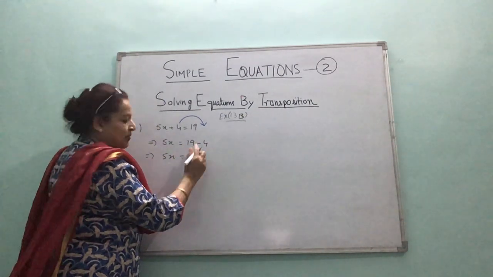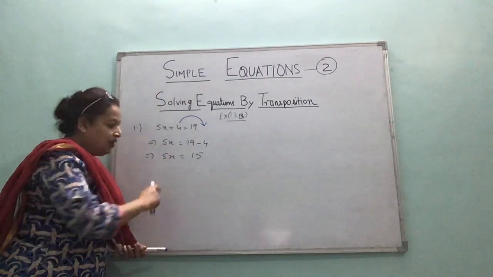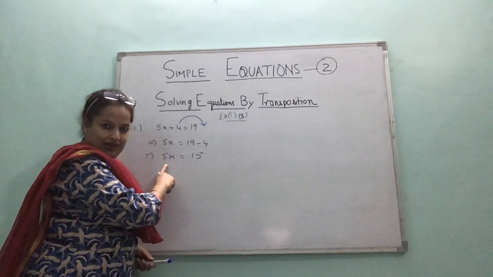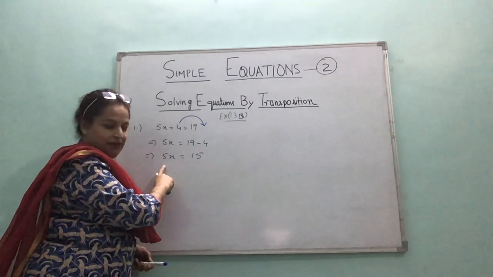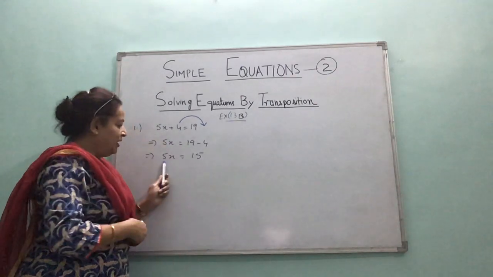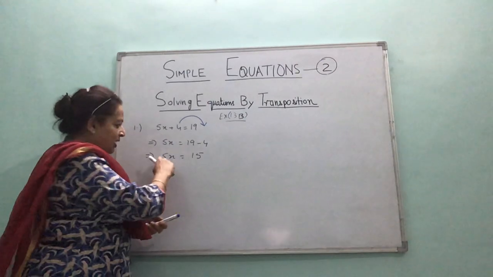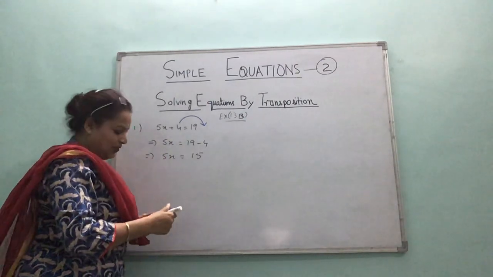Right? So now it is 5x equals 15. Now whatever is the coefficient here, it is multiplying by 5. When you take it, divide the other side by that. If it is multiplying here, you divide the other side. When you take it, it's in a way cross multiplication.